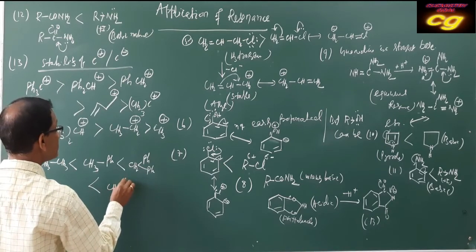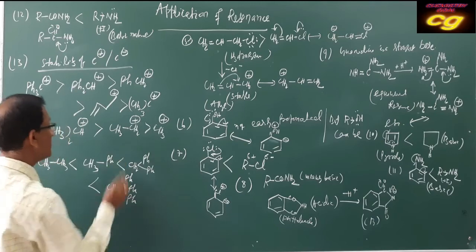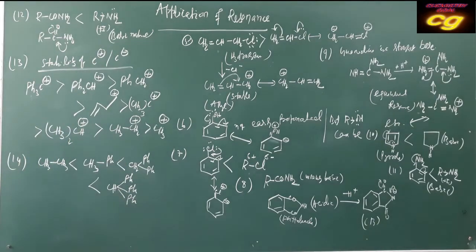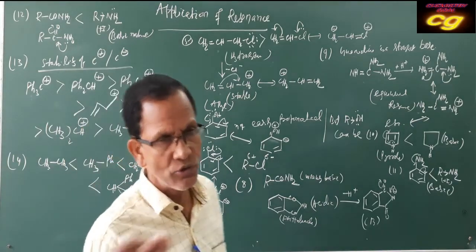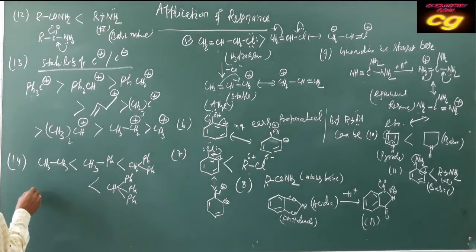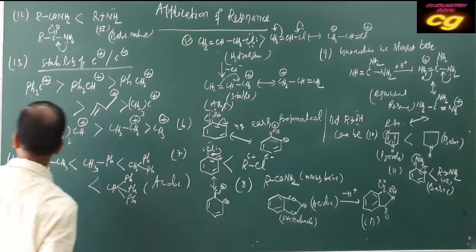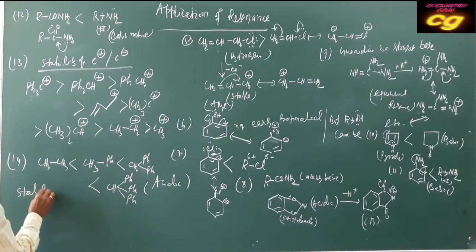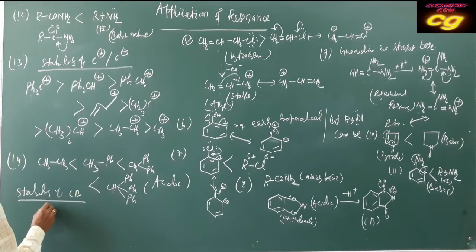Because if you see the conjugate base, already I have told you, the substance whose conjugate base is more stable is more acidic. This is the acidic nature, but the stability of the conjugate base follows this order.